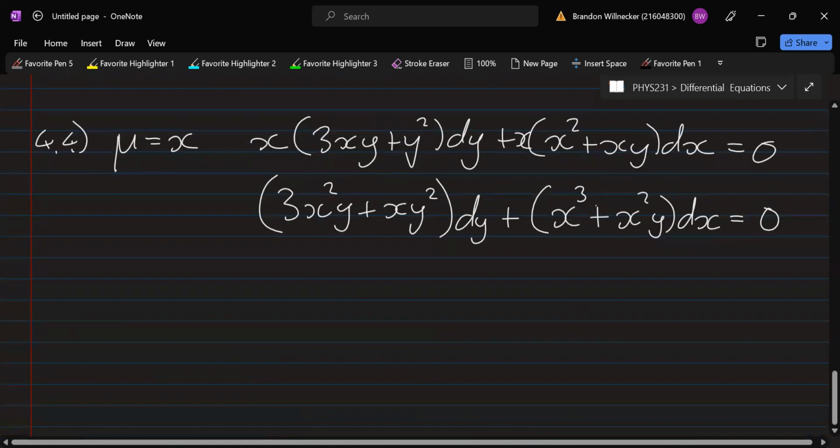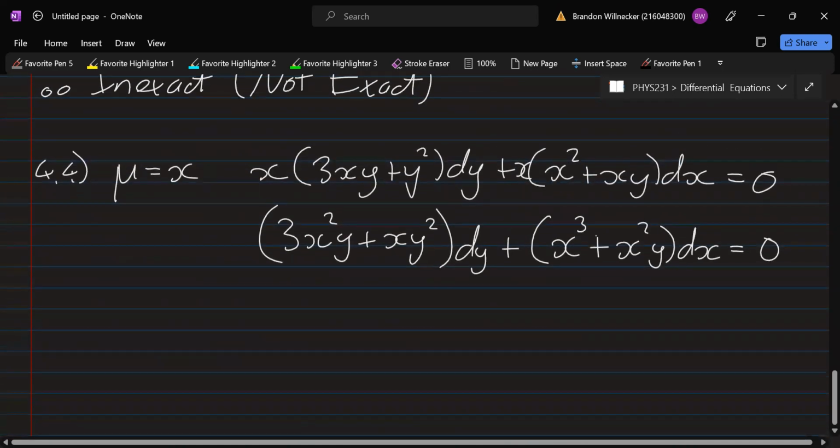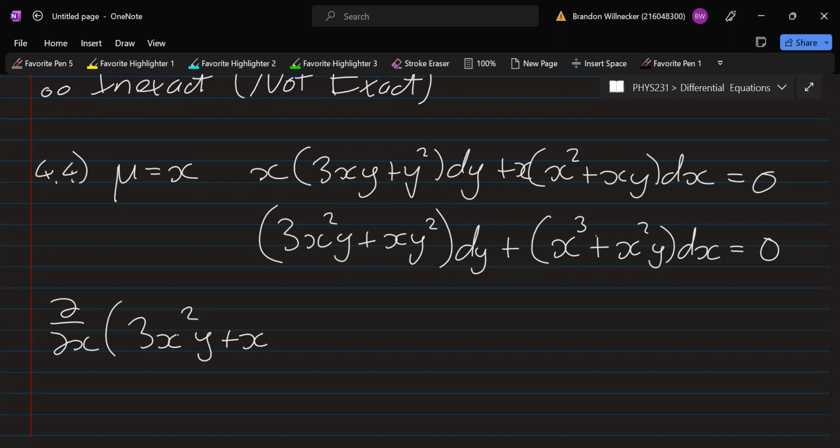Okay, so we need to take the x derivative of the first part, 3x²y + xy².